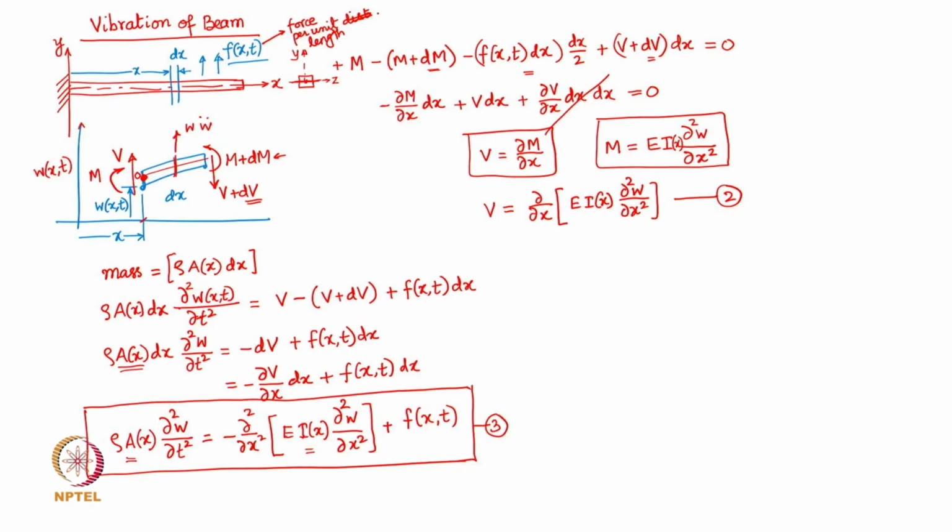In that situation, equation number 3 would be rho A(x) ∂²w/∂t² plus ∂²/∂x² of (E I(x) ∂²w/∂x²) equal to 0.